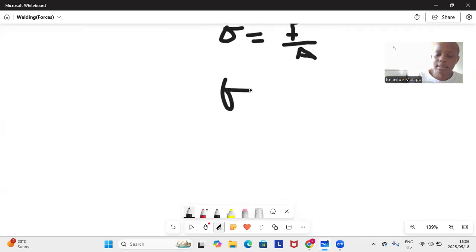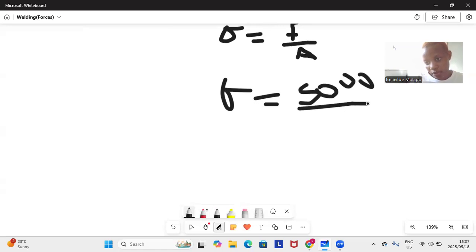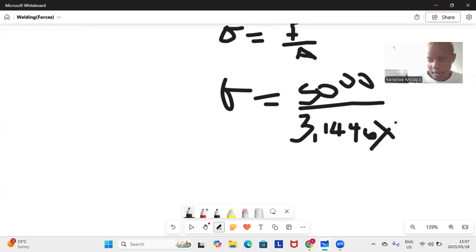Then stress equals 5,000 over 3.1446 times 10 to the power negative 4.